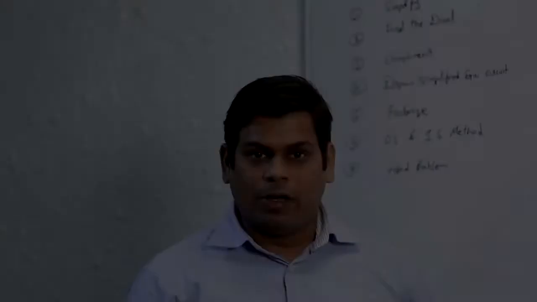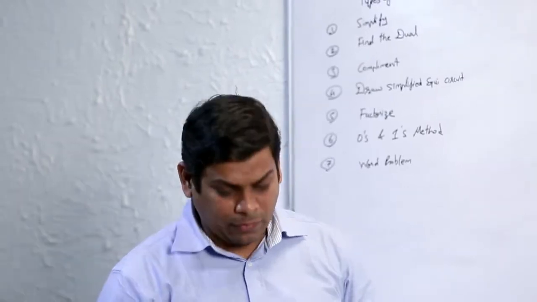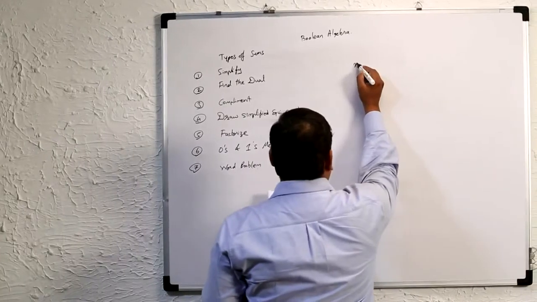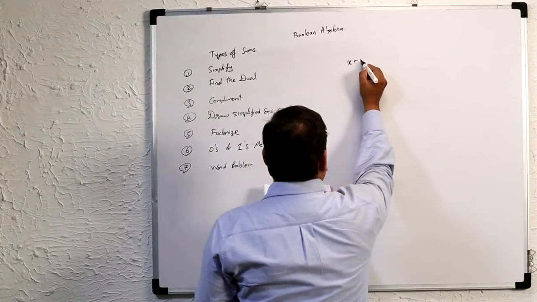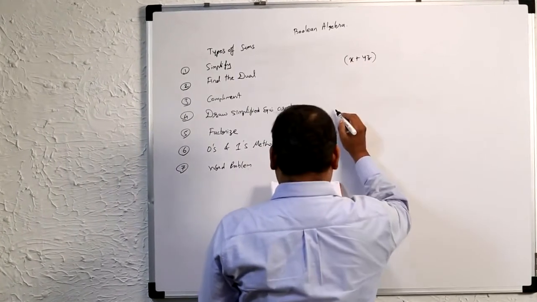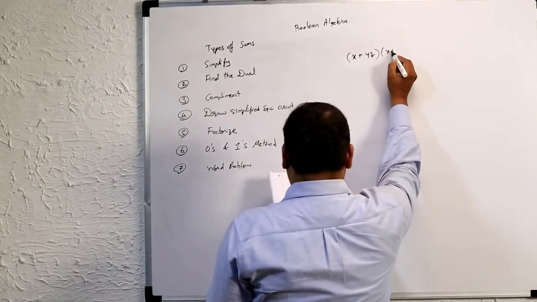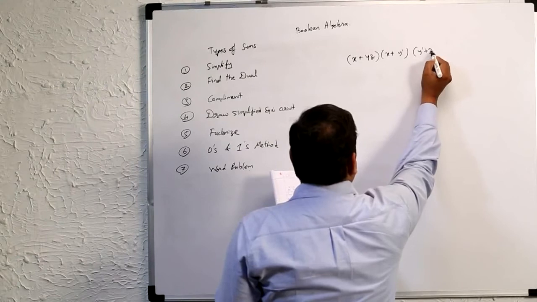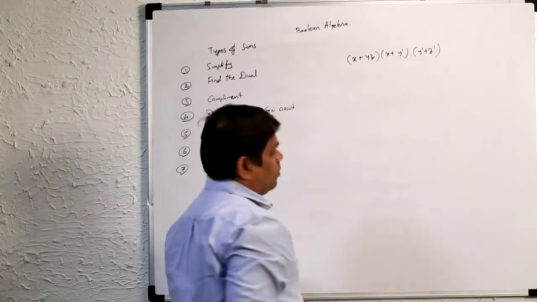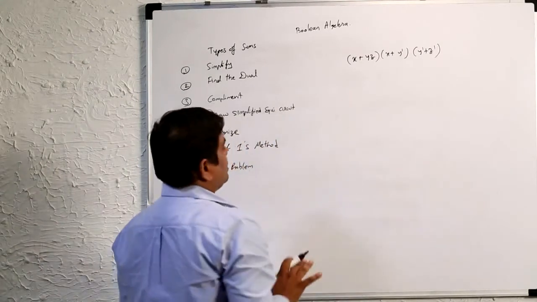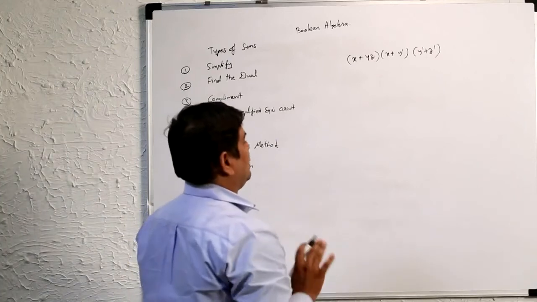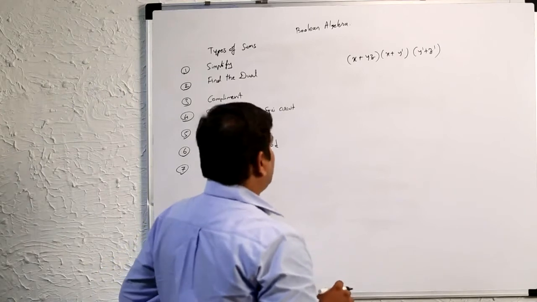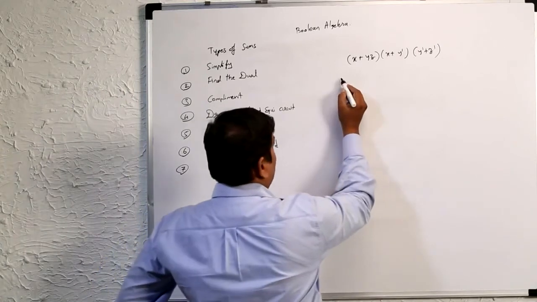Okay, we are going to start sums of simplify now. Let us see the first one. We have x plus yz, times x plus y dash, times z dash. Our objective is to simplify this by using the properties of Boolean algebra. Now there are many ways one can simplify this. Let us see the first one.